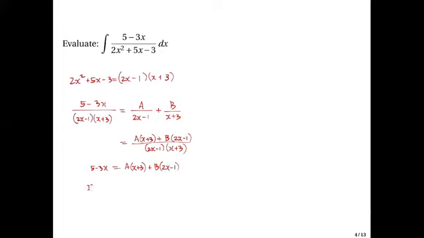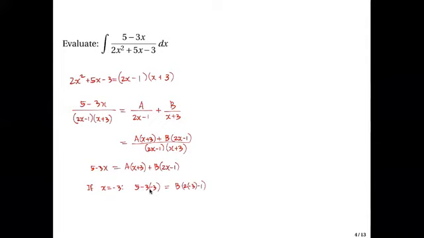And then let's just substitute x equals negative 3. So if x equals negative 3, this guy here will disappear. And we will have 5 minus 3 times negative 3. This will be equal to B times (2 times negative 3 minus 1).